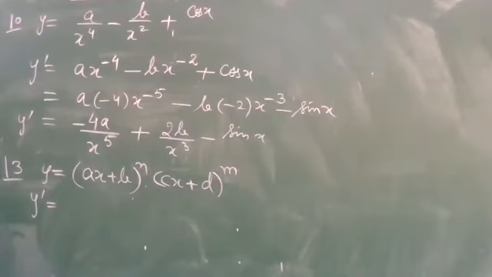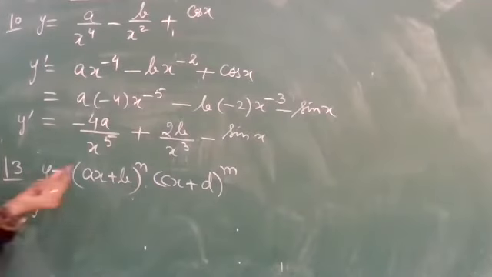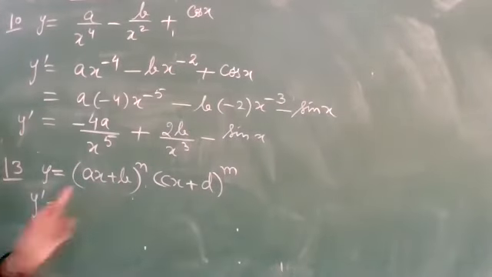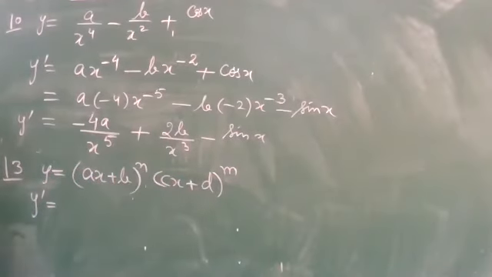In this, again, what type of functions do we have here? N and m is there in the power. We have product of two functions, right? But since we are having some power also, so it is x raised to the power n. That form is there. So we have to apply both product rule and chain rule, right?